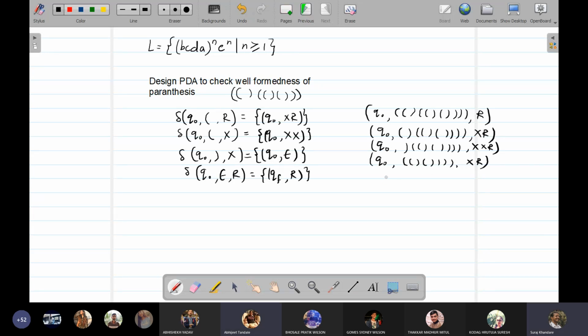Then we have 2 opening brackets. Another closing bracket comes in, so we remove X out of the stack.